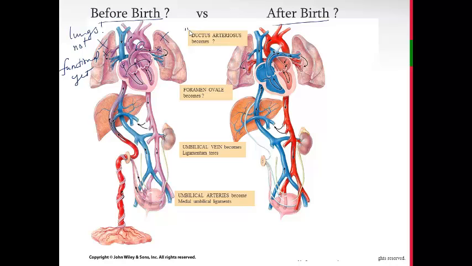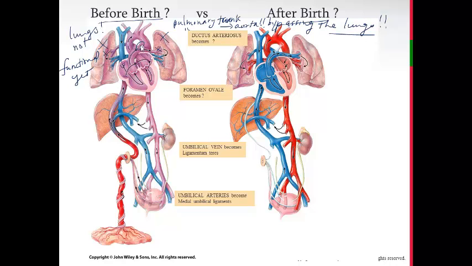This is what we call the ductus arteriosus. So this is going from pulmonary trunk into aorta. That's why you're bypassing your lungs, because it's not working yet.